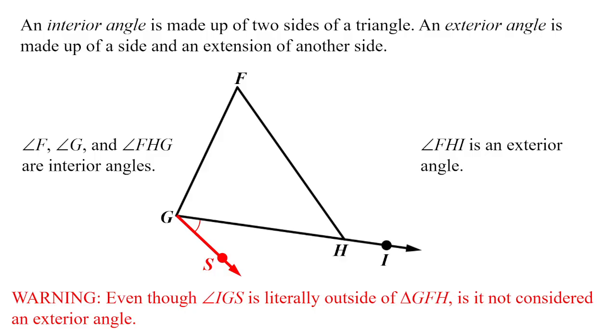It's got to be a side and an extension of another side. And as you can see, ray GS is not an extension of side FG. Therefore, angle IGS is not considered an exterior angle. So be very careful.